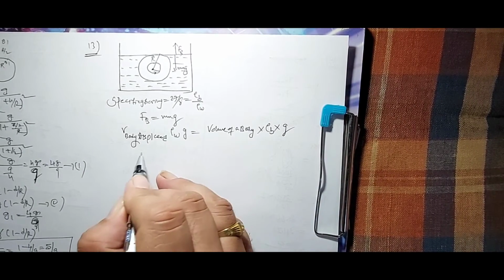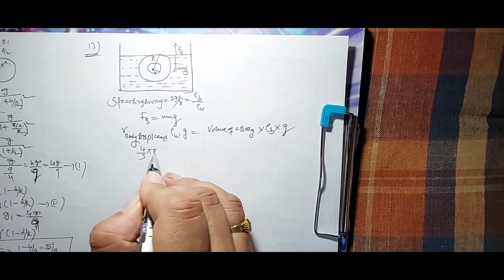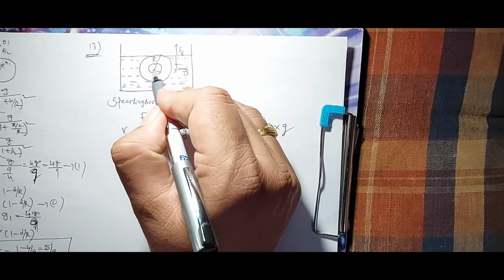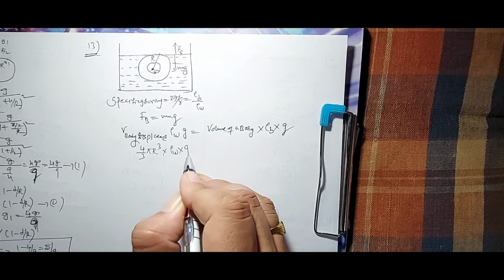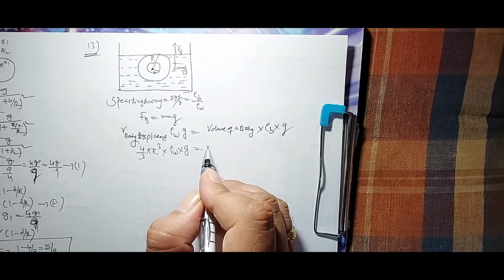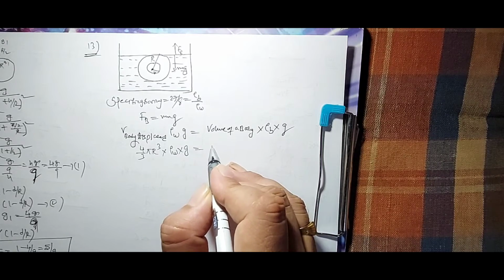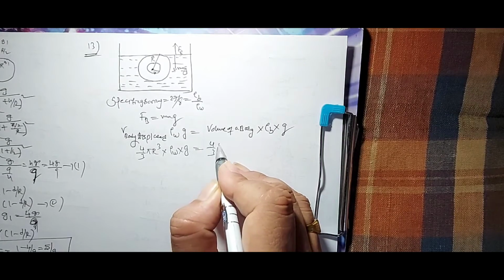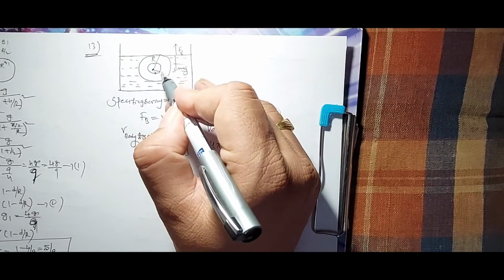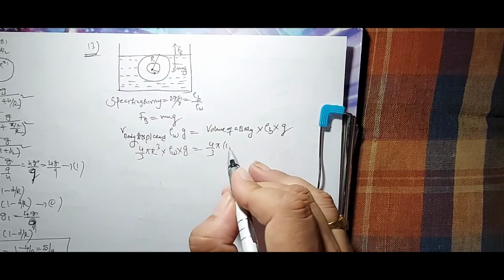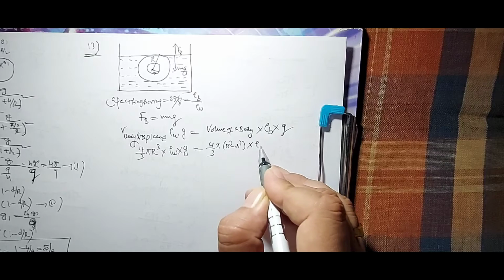So the complete volume of the body displaced is 4 by 3 pi R cube. 4 by 3 pi R cube into rho w into g is equal to the volume of the body, which is 4 by 3 pi into (R cube minus r cube), into density of the body into g.